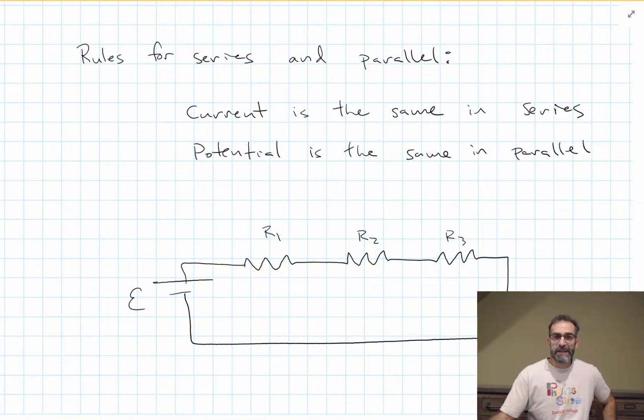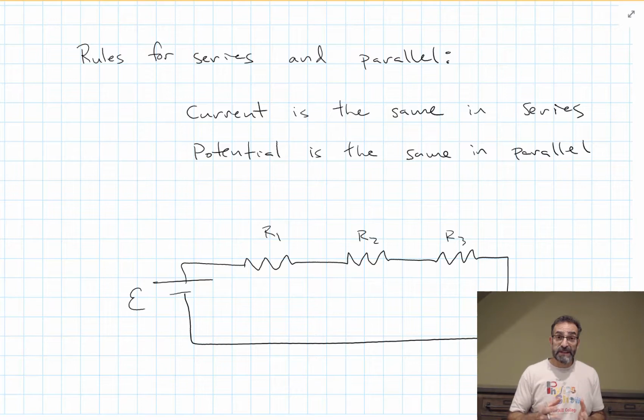If we're trying to measure the potential difference across a device with a voltmeter, how would we hook it up? We know from our rules of series and parallel electrical devices, when devices are hooked up in parallel, the electric potential difference is the same across each device in parallel.